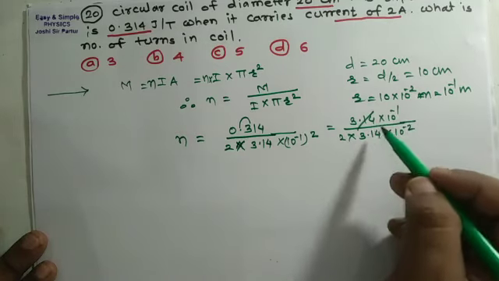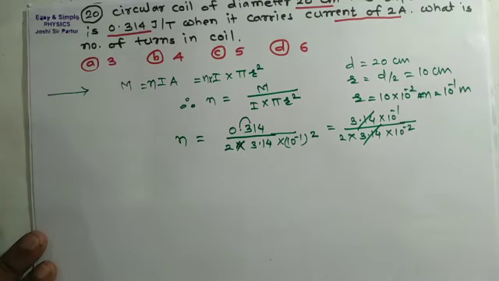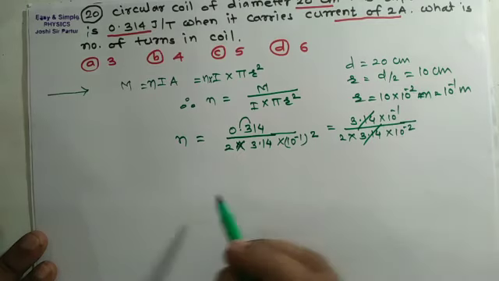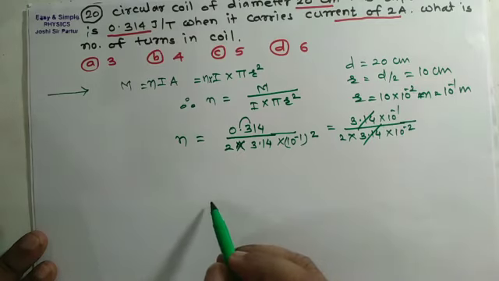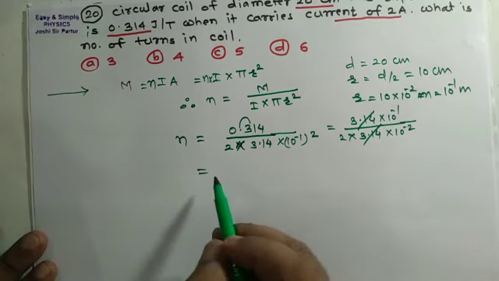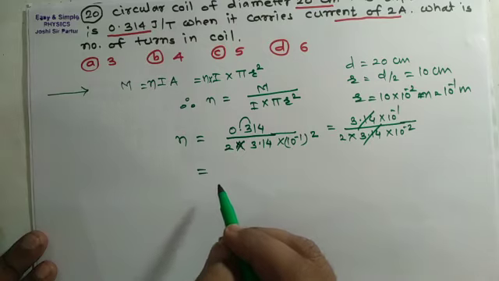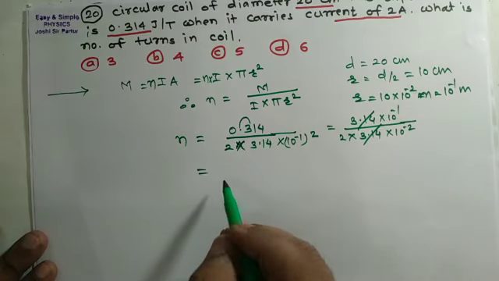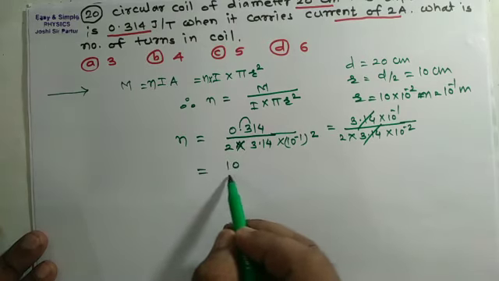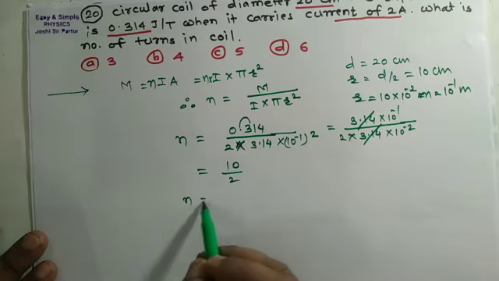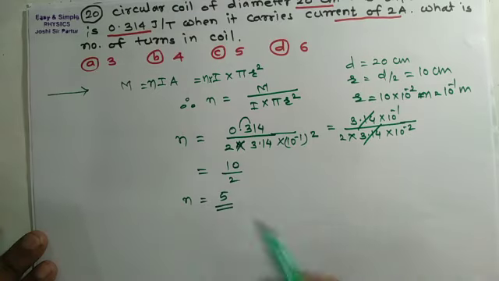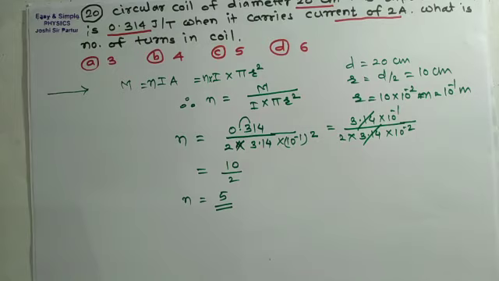Get cancelled. So if we shift 10 raised to minus 2 in the numerator, it becomes 10 upon 2. So number of turns will be 5.